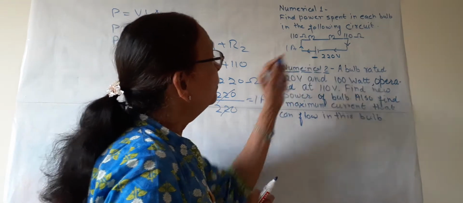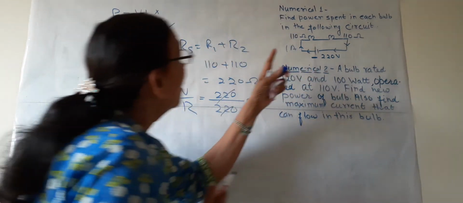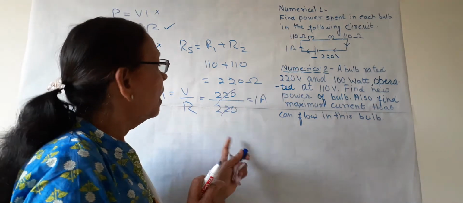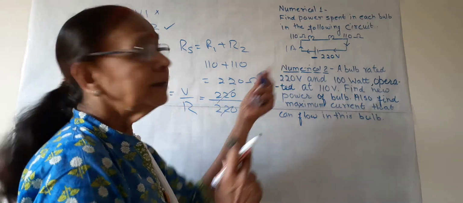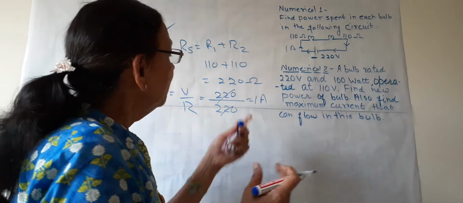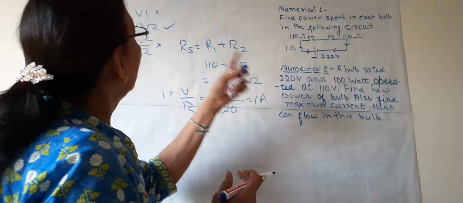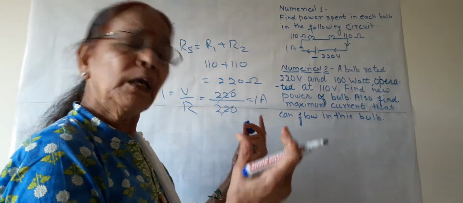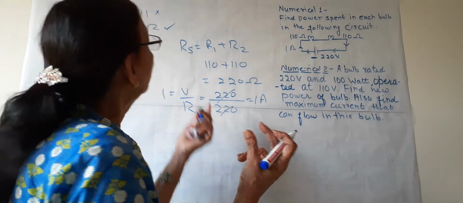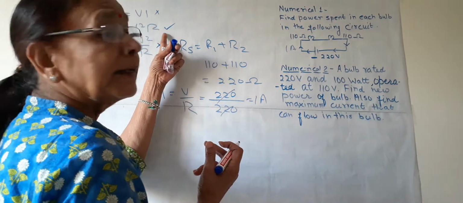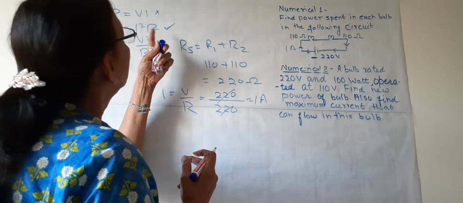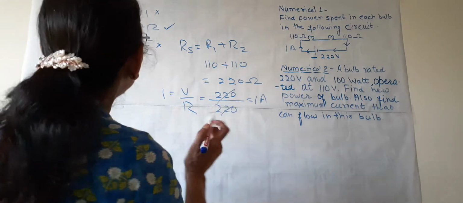So now we know the current. So now we can use this formula. Although we can calculate V also now, there is no need to calculate V. I is known and R is also known. So we will use this formula to calculate the power of the bulb.